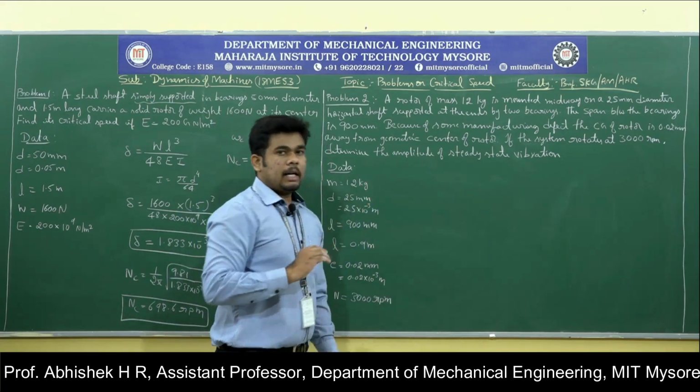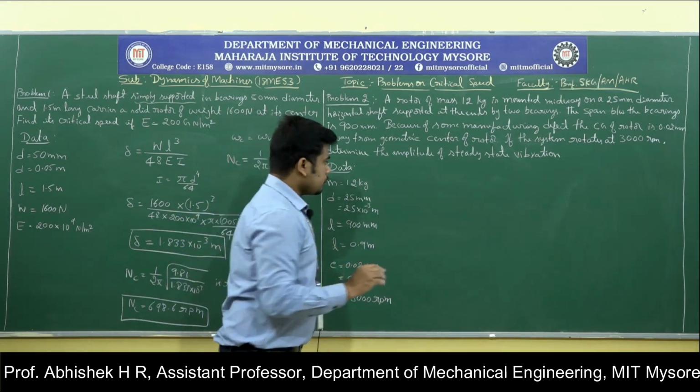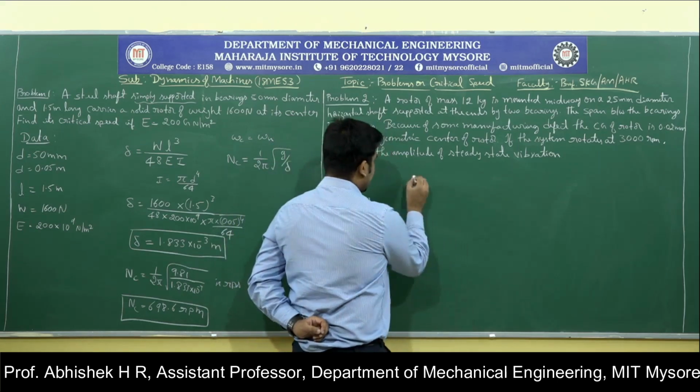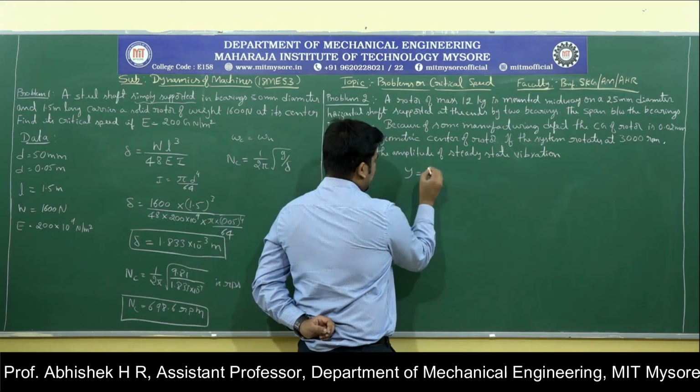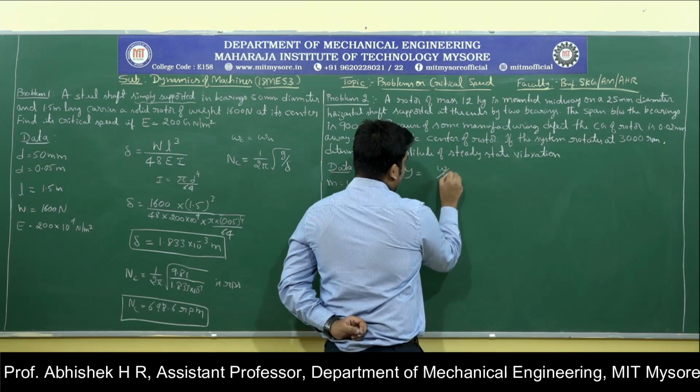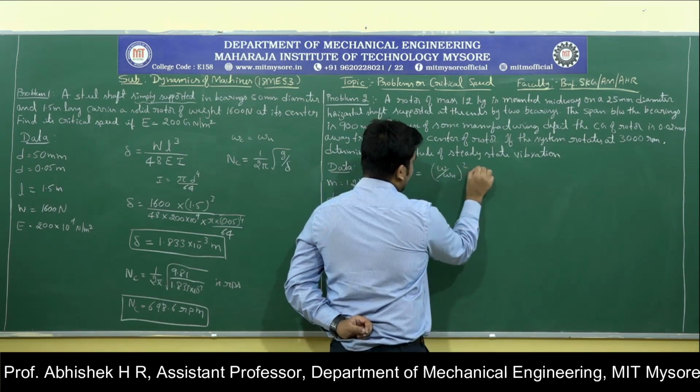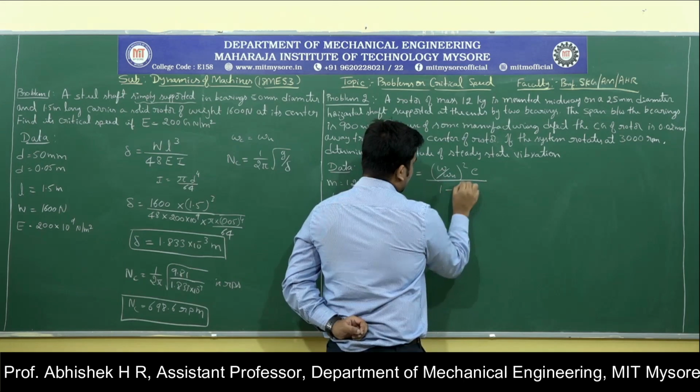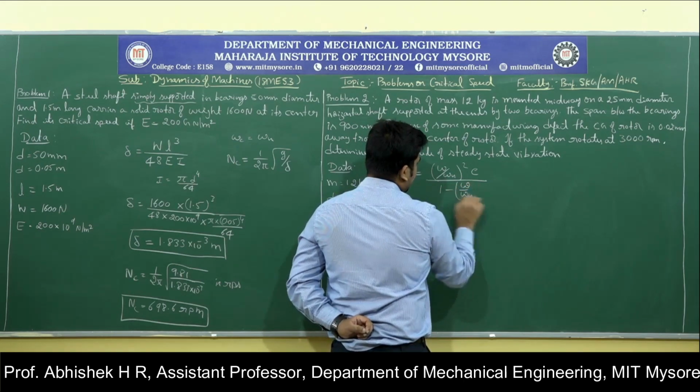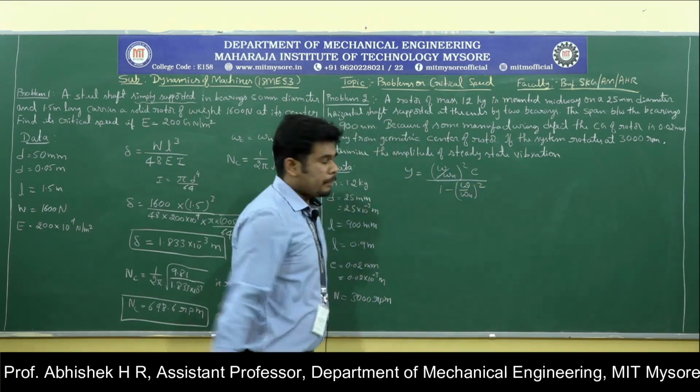So from the conditions of the critical shaft, we know one formula, that is y is equal to (omega by omega n) whole square into e divided by 1 minus (omega by omega n) square.